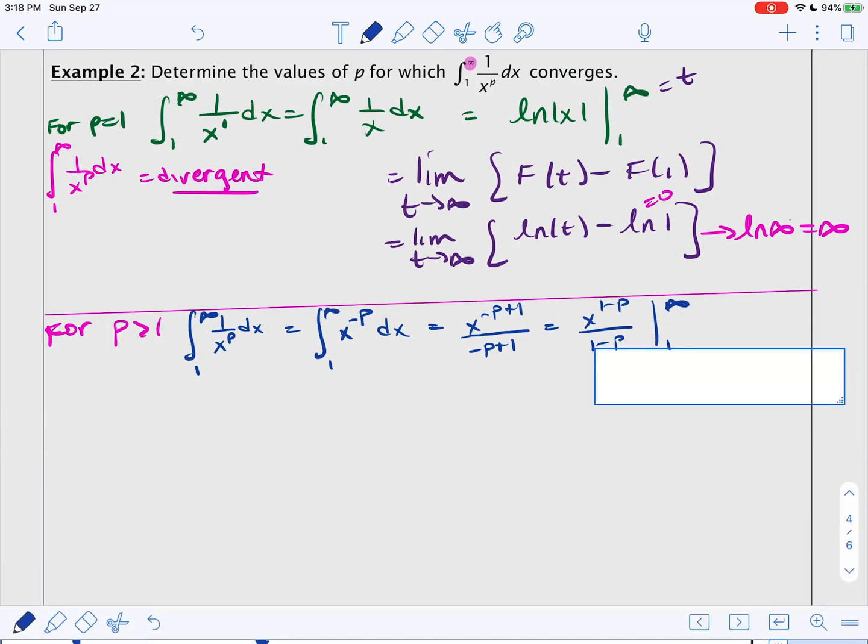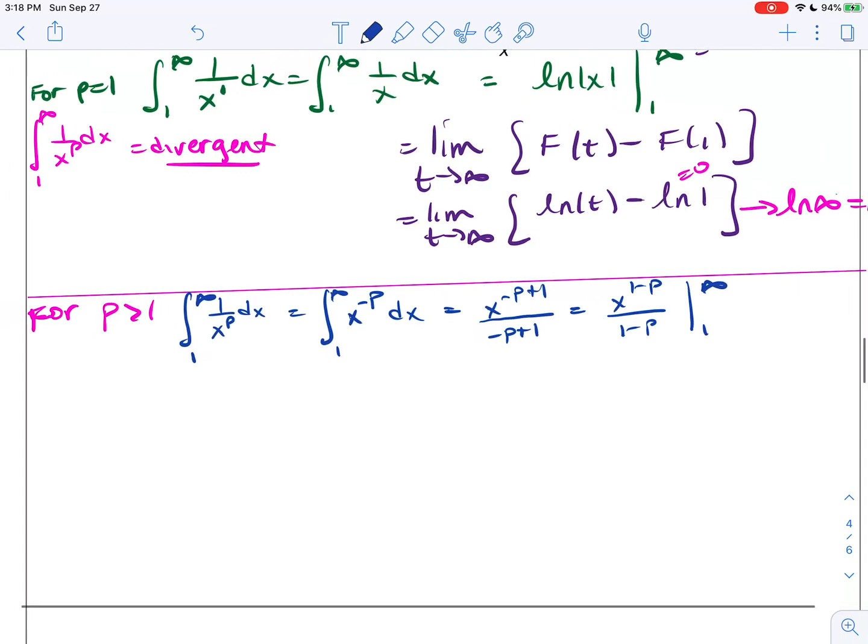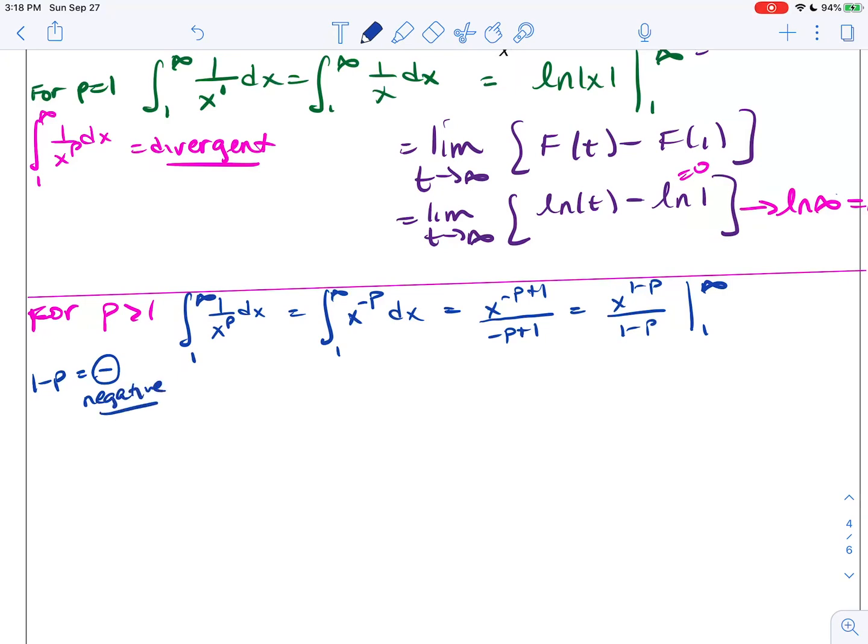Good. And so for p bigger than 1, we know that 1 minus p is going to be negative. Right?